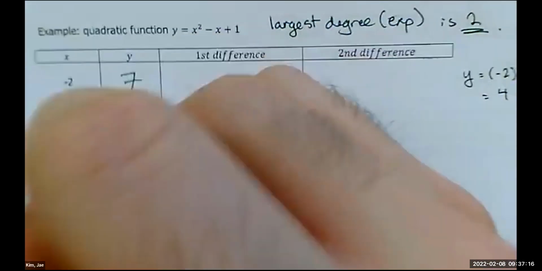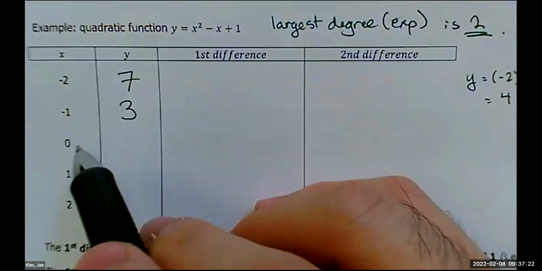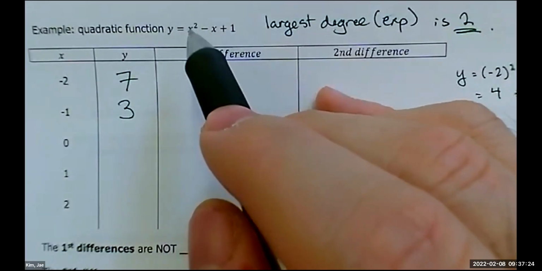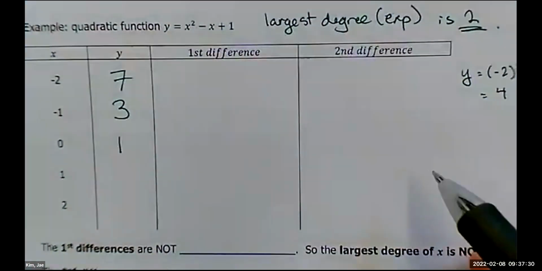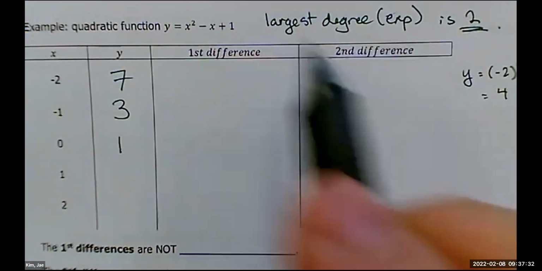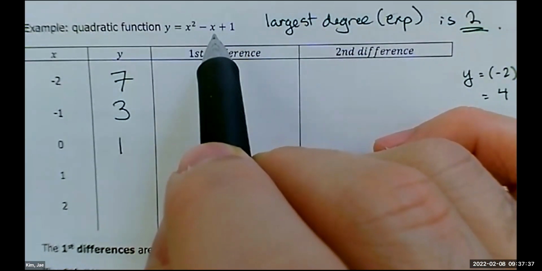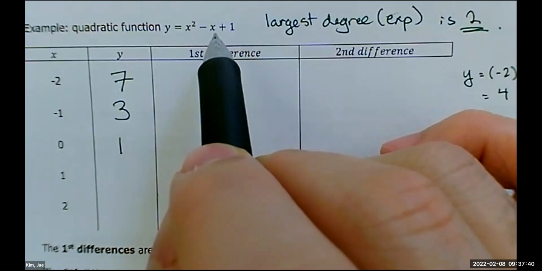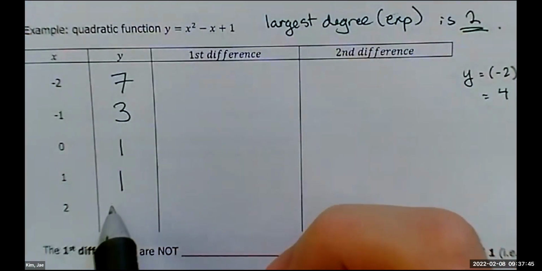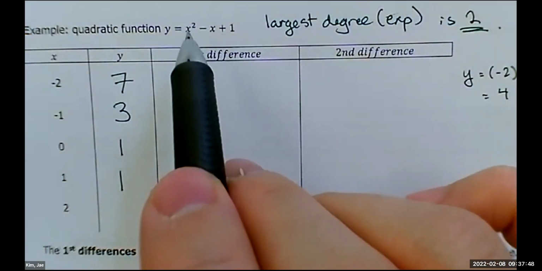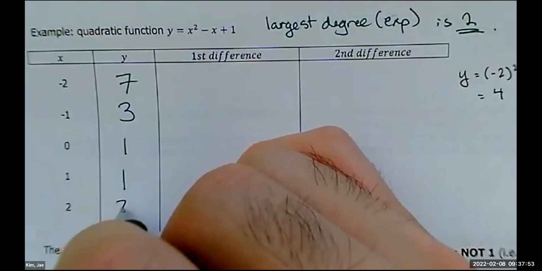Plus 1, that would be a 3. If x is 0, 0 squared is 0, subtracted by 0 is 0, plus 1. If x is 1, 1 squared is 1, minus 1 is 0, plus 1 is 1. And then lastly, 2 squared is 4, minus 2, plus 1, that's a 3.